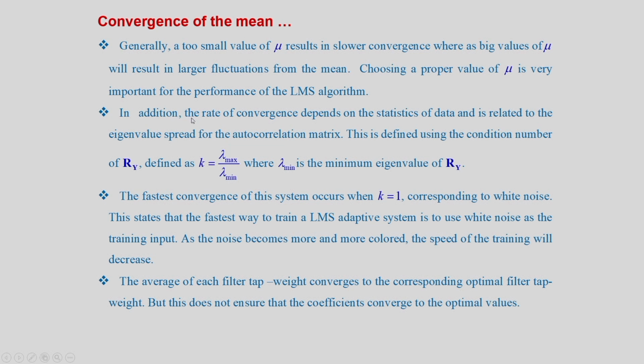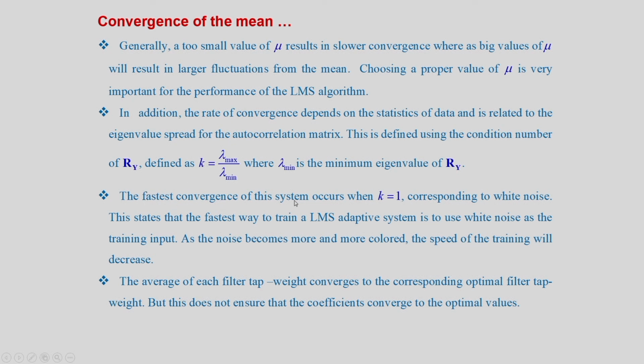In addition to the above, the rate of convergence depends on the statistics of data and is related to the eigenvalue spread of the autocorrelation matrix that we have discussed earlier. This is defined by the condition number of Ry, which is lambda max by lambda min, call it k. Therefore, the rate of convergence will depend on k. K should be small.